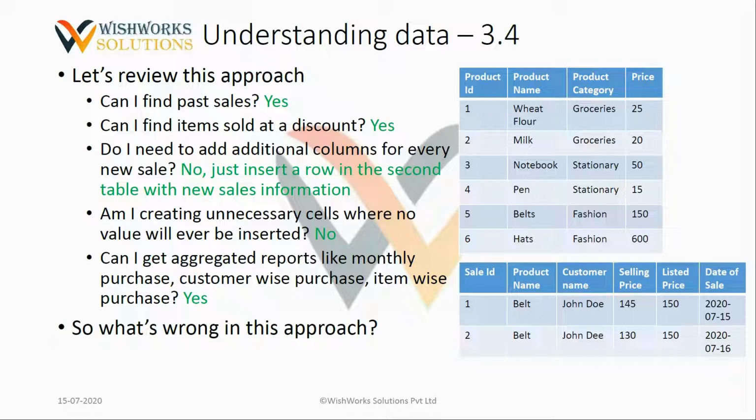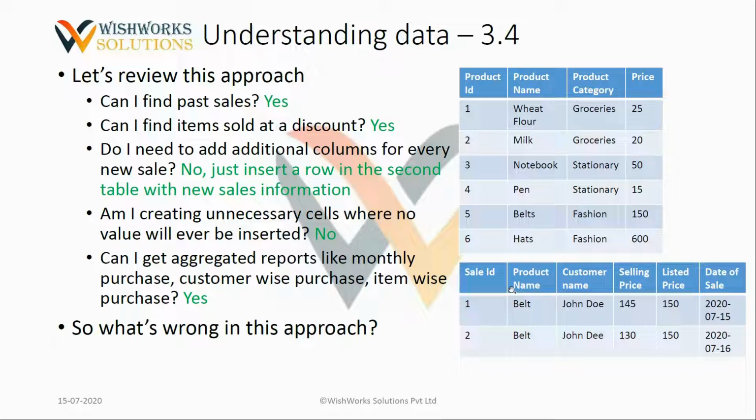In this approach, what would happen is, say, I have a standard of entering belt, belt, belt, but here I've written belts, right? So, if somebody asks me to tell the listed price of belts, I'll search for belts here, I'll not find it because this is named as belt. That is one issue.